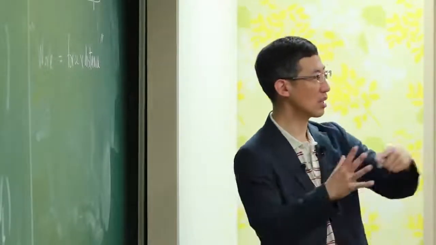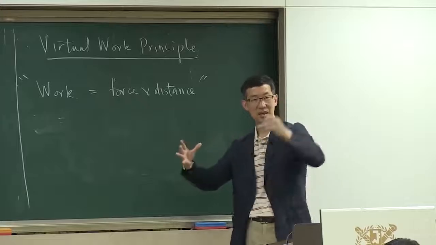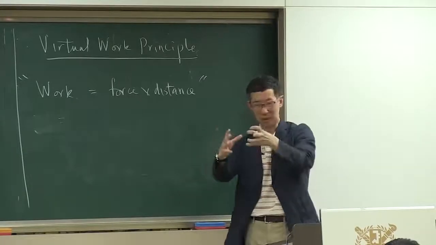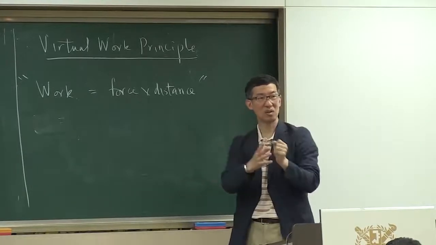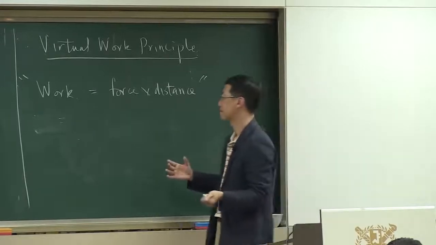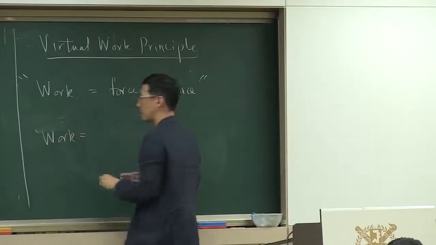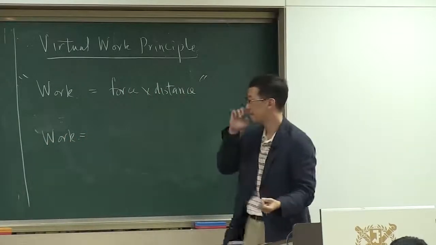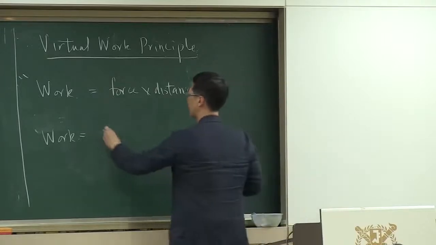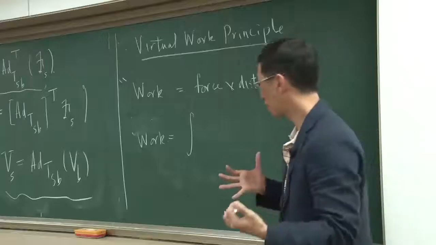Well, you multiply the force by the distance that the object that the force is being applied to moves. That's a rough idea of work. You can be a little bit more sophisticated about it. You can also express this in integral form.